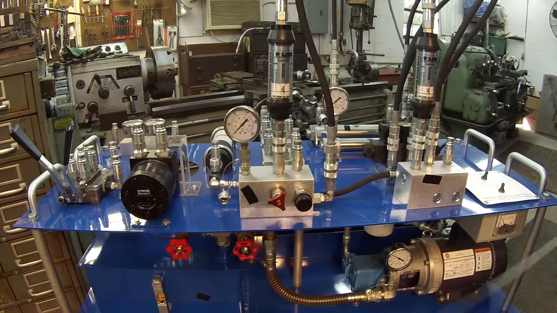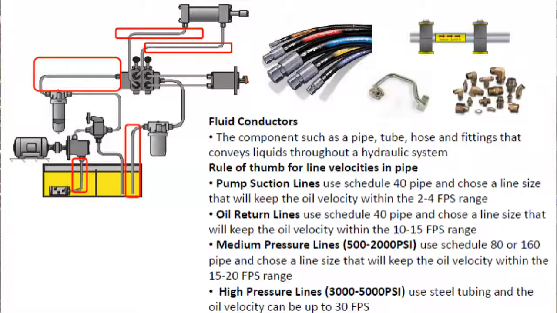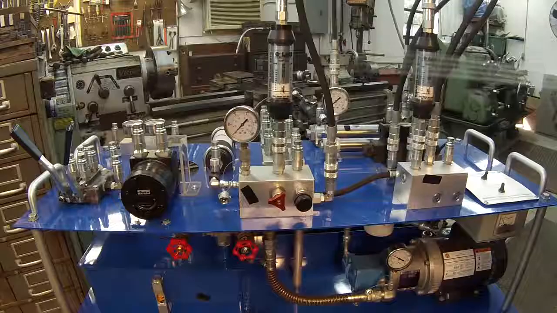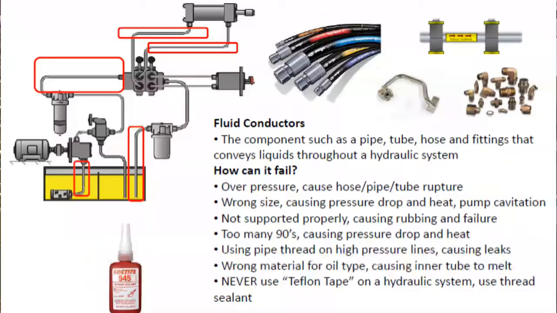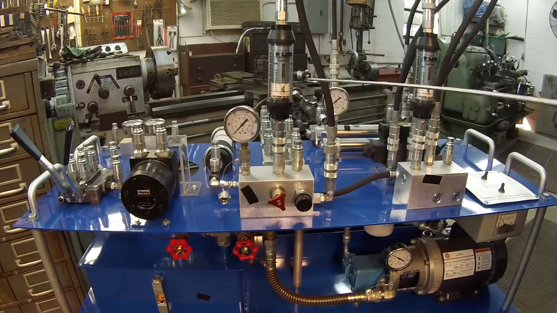Then the last one is your fluid conductors, which is your hoses and tubing and fittings and things like that to connect all of these devices together to allow the fluid to move in and out of those properly. Some of the failure modes you can experience are overpressurization of your system. I mentioned that earlier, and these hoses actually blowing up or exploding.